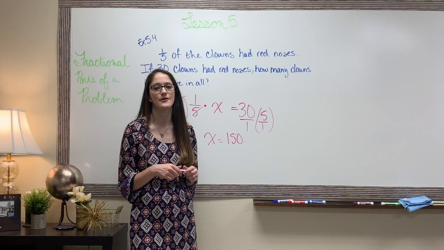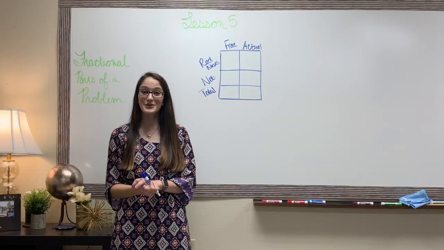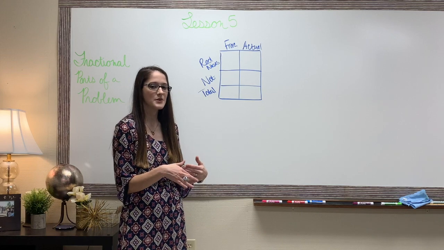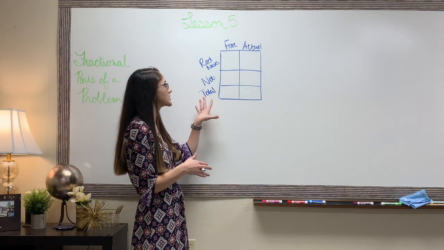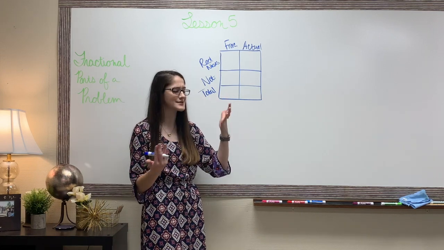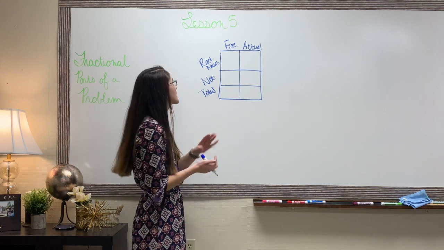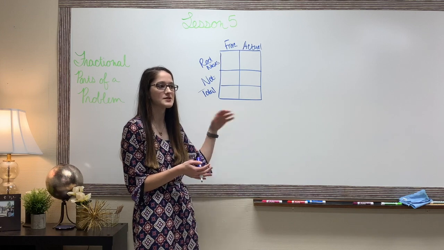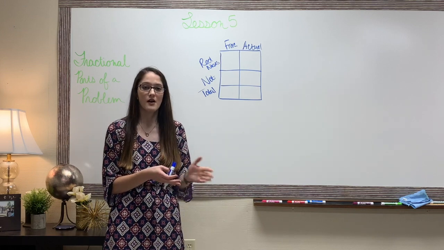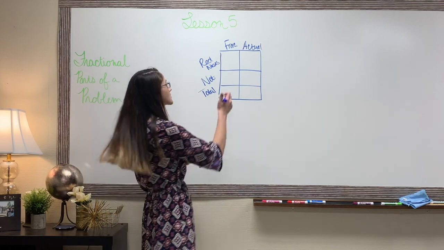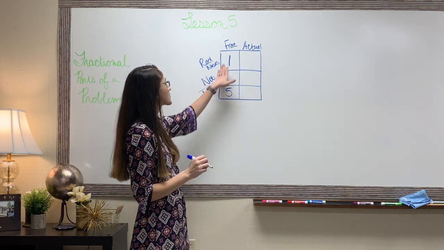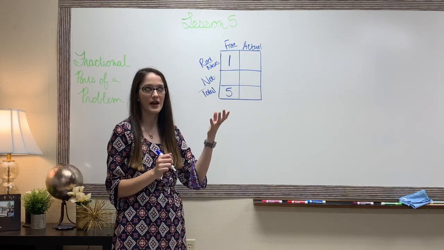It pieces together. Another way that we could solve this problem is going back a little bit. It's a little bit more elementary, but it still gets the job done. So, if it works, it works. We can also use a ratio box to solve this problem. It said 1/5 of the clowns had red noses, so I would write my fraction 1 and 5, because 5 would be our total and 1 would be the part that had a red nose.